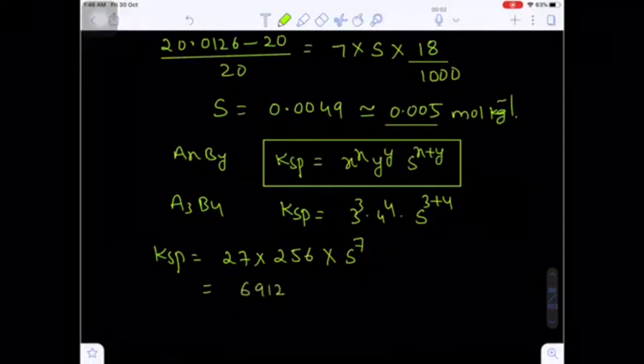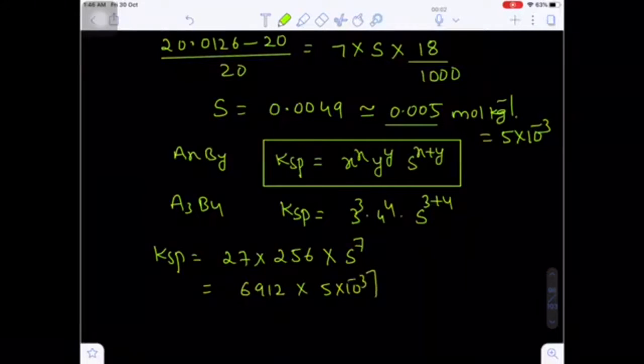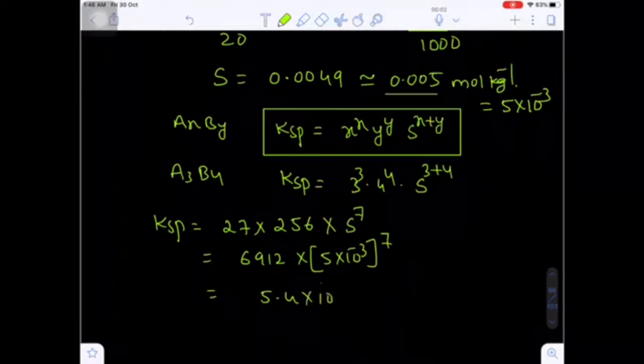And what will be the S value? Shall I take this as 5 into 10 raised to minus 3, whole to the power 7. The final answer will be 5.4 into 10 raised to minus 13.